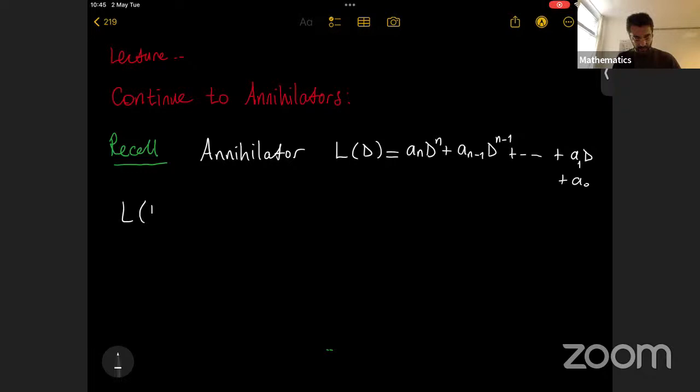So when you apply this to a function f(t), you get 0, okay?